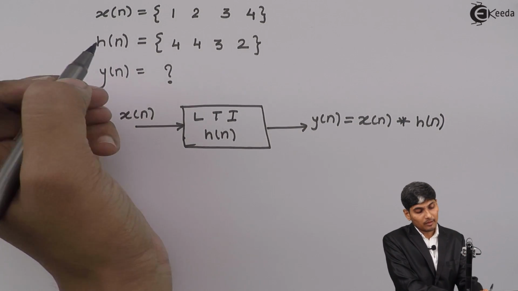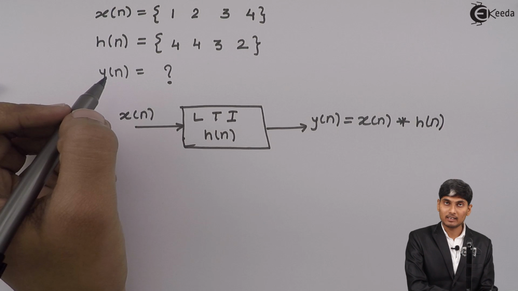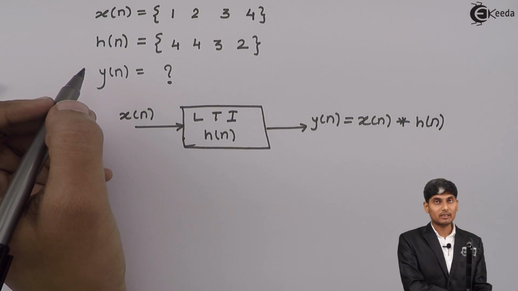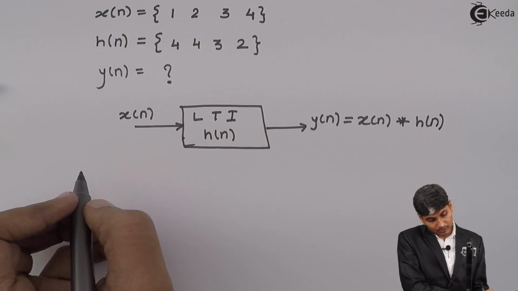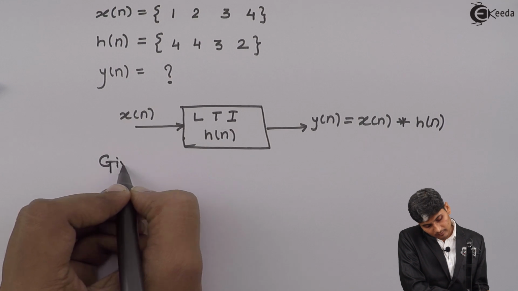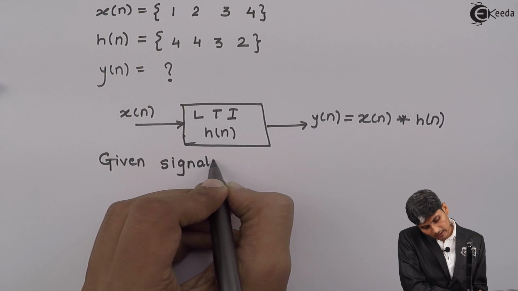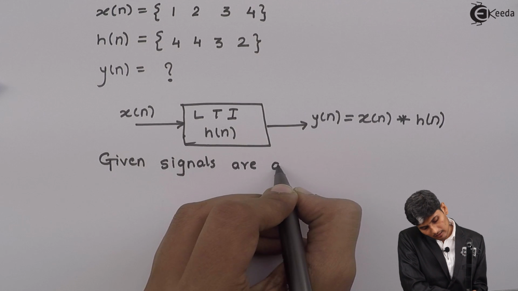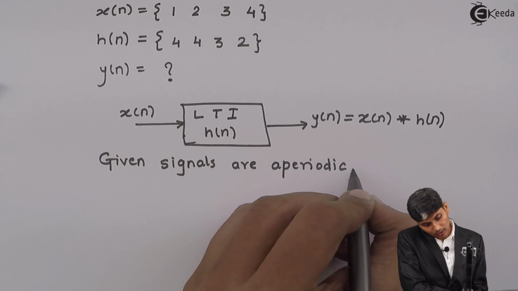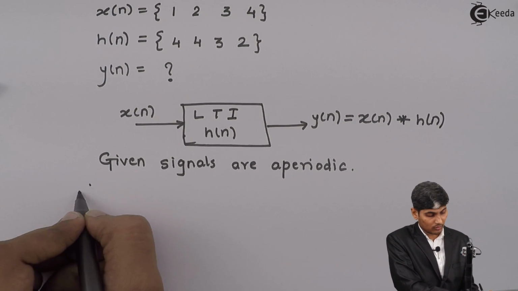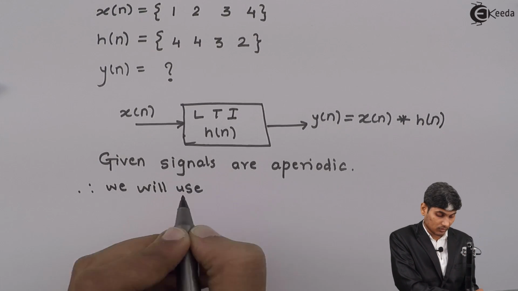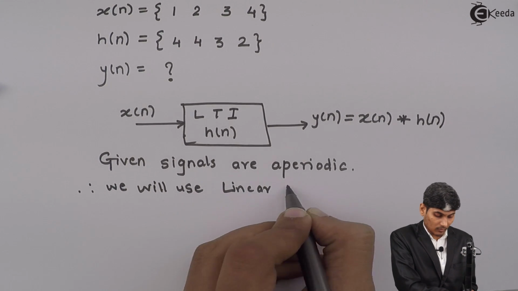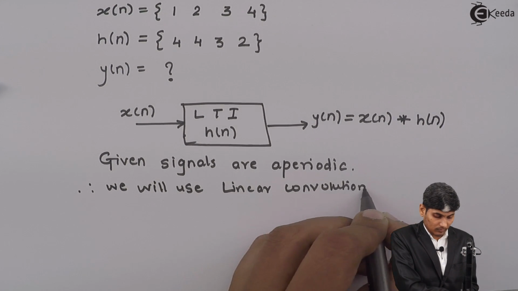Now, in the problem it is not mentioned that the signal is periodic. If it is not mentioned, by default the signal is aperiodic. So the given signals are aperiodic, therefore we will use linear convolution.